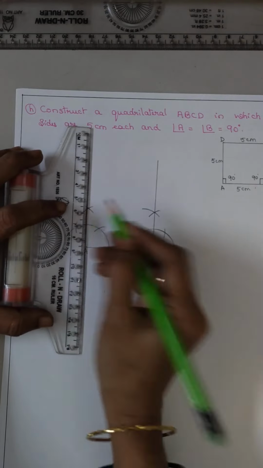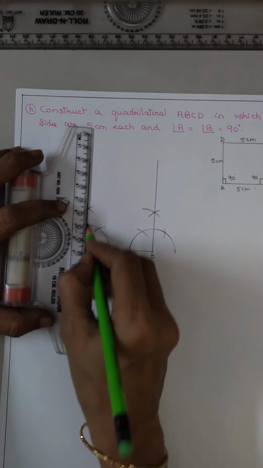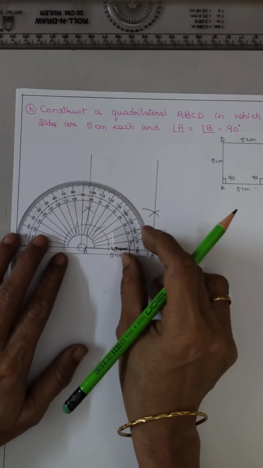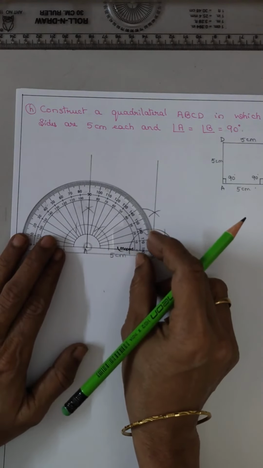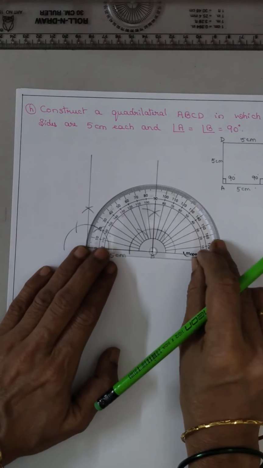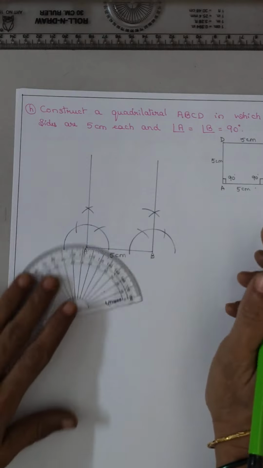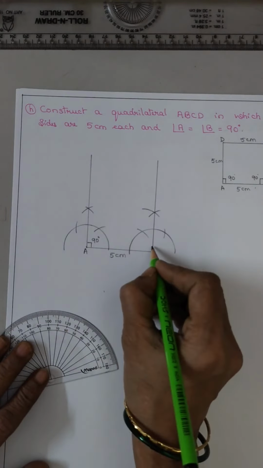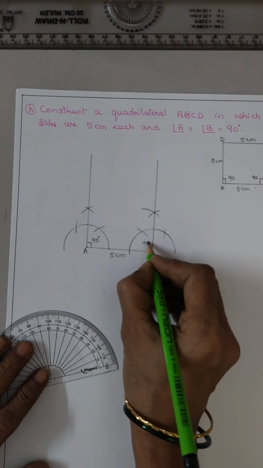Now again join and then check. It is 90 degree. Here also it is 90 degree. So right angle A 90 degree, angle B 90 degree.